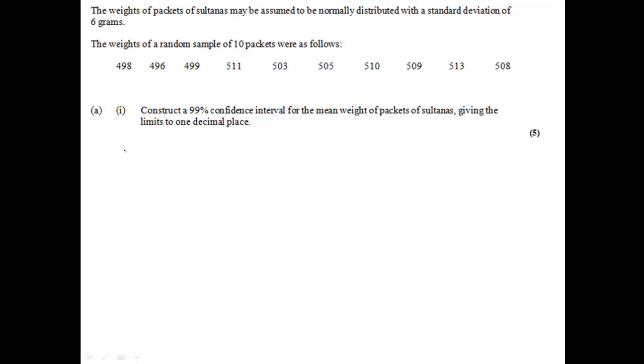So we've got packets of sultanas normally distributed, so we're looking at a continuous random variable. And it's normally distributed. We don't currently know the mean.